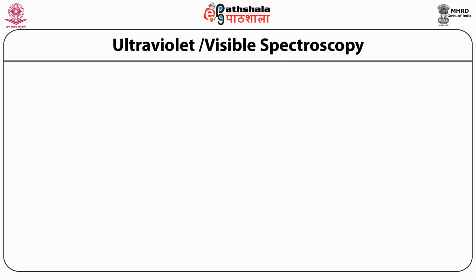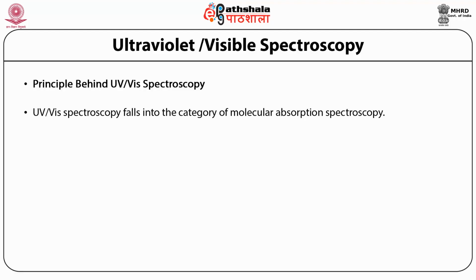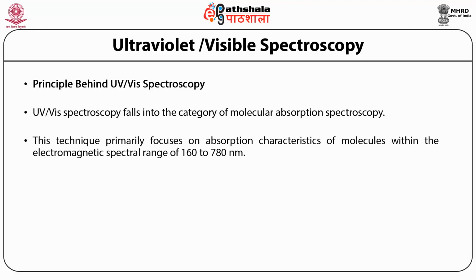Let us first study about ultraviolet and visible spectroscopy. Now we will look at the principle behind UV visible spectroscopy. UV visible spectroscopy falls into the category of molecular absorption spectroscopy. This technique primarily focuses on absorption characteristics of molecules within the electromagnetic spectral range of 160 to 780 nanometer.